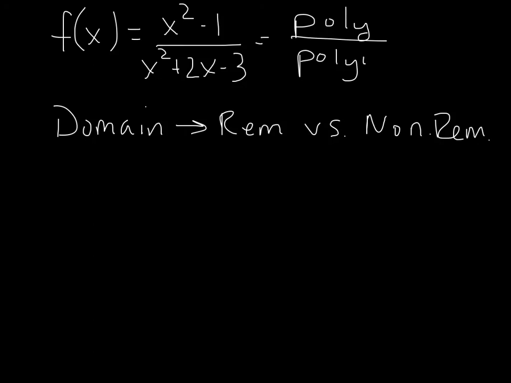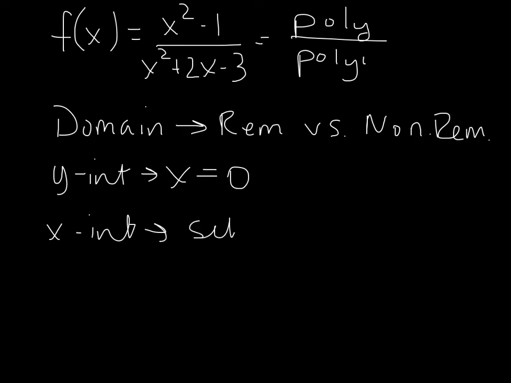So be ready to discuss that tomorrow in class. Secondly, we have the y-intercept as it's always been defined. Set x equal to 0. The x-intercept, set the numerator equal to 0.